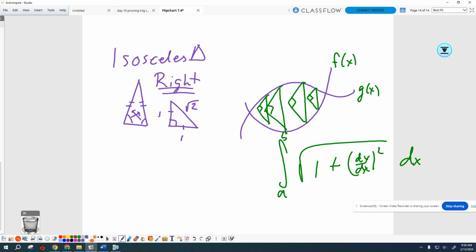What would you do for the problem if the x-axis wasn't below both? Still top minus bottom gives you the length of this thing.